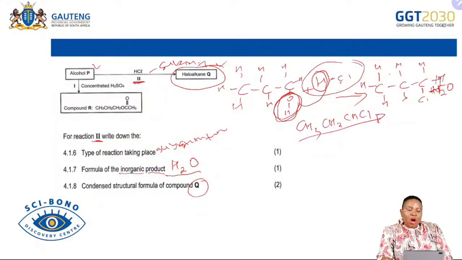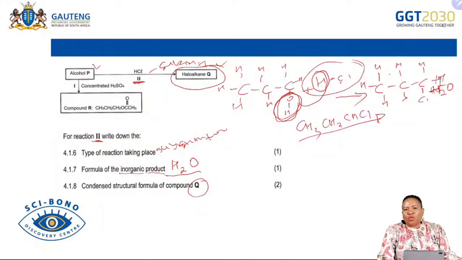So you need to know how to do your addition reaction. You need to know how to do your elimination reaction and also your substitution reaction. But don't forget that sometimes, especially during addition reaction, everything is added and you only find one compound as a product. But in substitution or elimination, you can find multiple inorganic products that might be formed during that reaction. Unlike in the case of cracking.